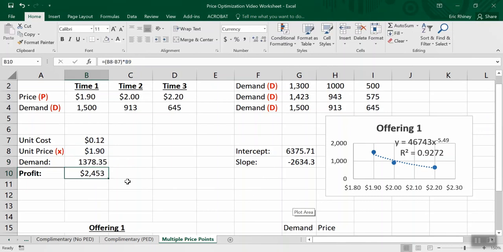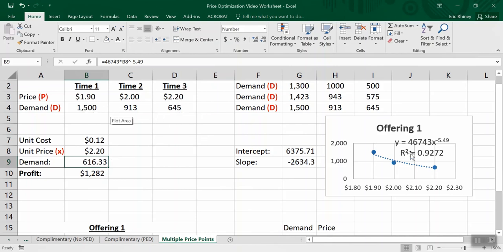Hit enter, and now we see that we have something relatively close to what we were expecting at $1.90. If we put $2 in here, still a little bit off here. Let's put 2.20 in here and see. But we see this one is coming a little bit closer.